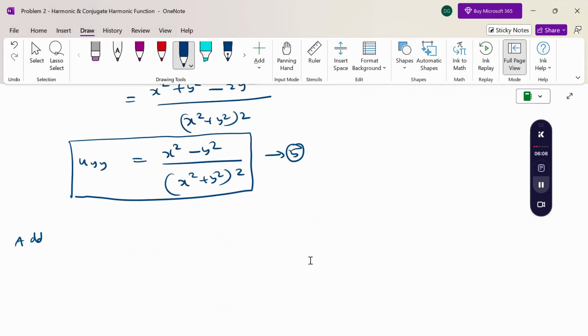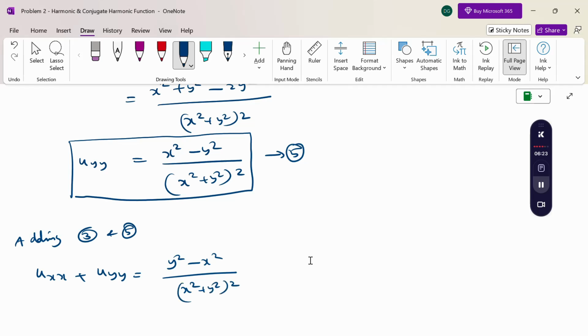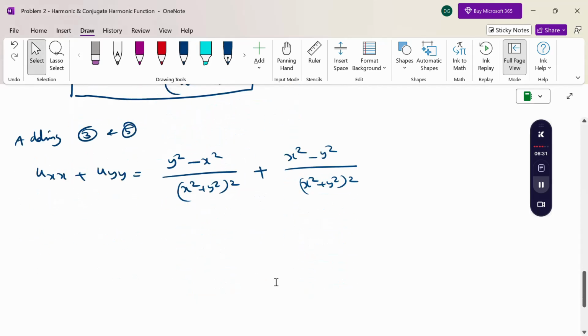Adding equations 3 and 5, uxx plus uyy equal to y square minus x square divided by x square plus y square whole square, plus x square minus y square divided by x square plus y square whole square. When the denominators are equal, then we can add the numerators.